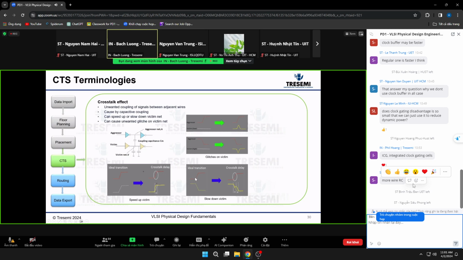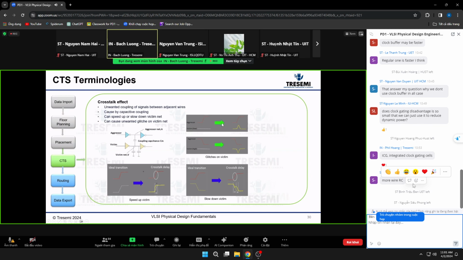If the aggressor and the victim switch in opposite directions, then you can have a slowdown. For example, here, this is coming up, a slowdown. It causes a delta slowdown on the victim, right? And then in the case of a glitch, the aggressor is switching high and the victim is just sitting there low, flat.